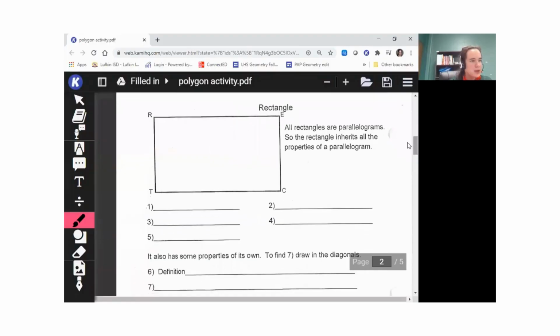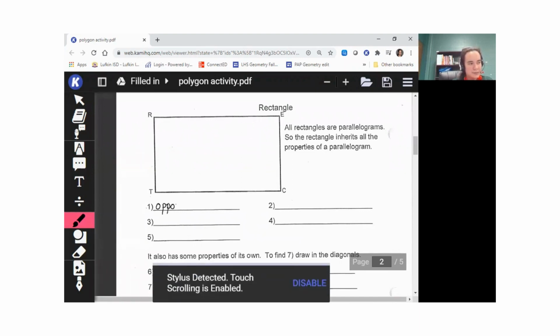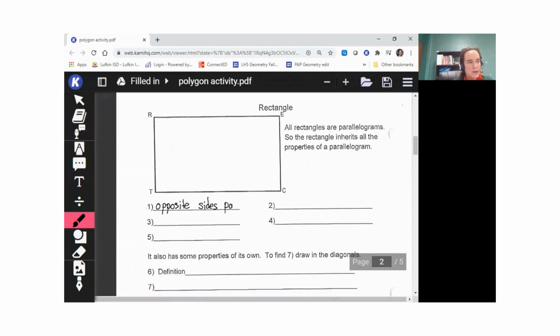Now we are working on a rectangle. Now it also says that all rectangles are parallelograms. So the rectangle inherits all the properties of a parallelogram. So our properties of a parallelogram. First one, opposite sides are parallel. Second up, opposite sides are congruent. Next, opposite angles are congruent.